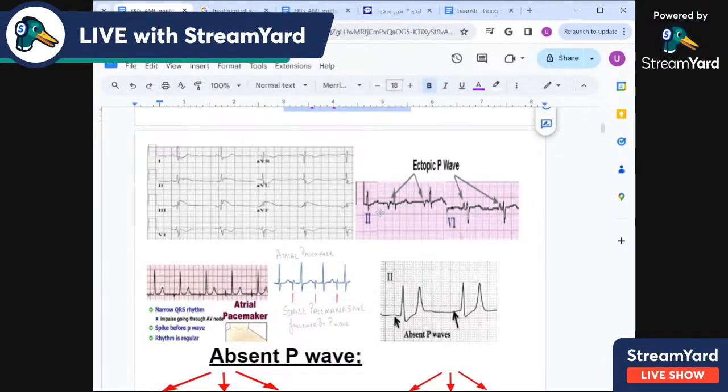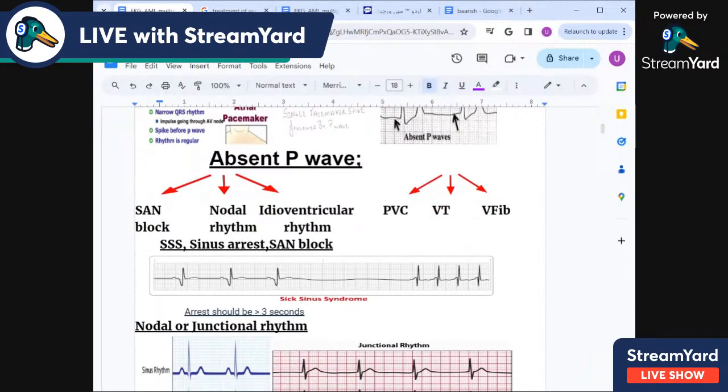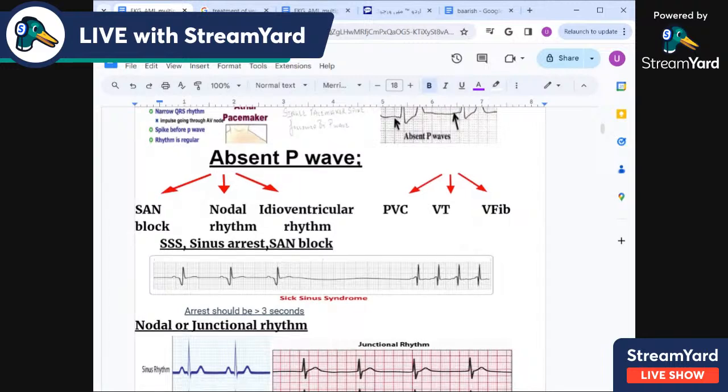See here, limb lead 2 ectopic pacemaker, P wave is inverted, negative. So this is P wave inverted in limb lead 2, and there is a spike before it when they have a pacemaker. Then we have the next, absent P wave.